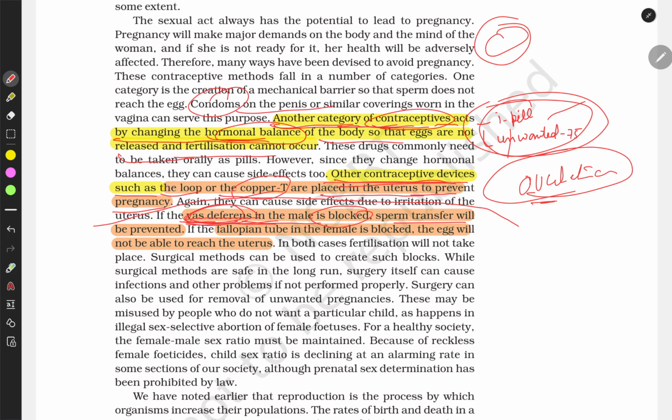It is the duct in which the sperm flows. If it is cut into two, then transfer of the sperm can be prevented.